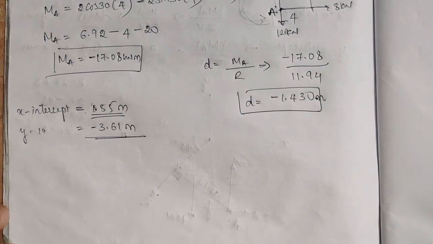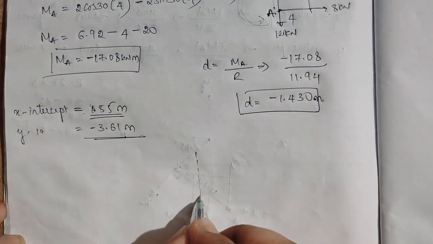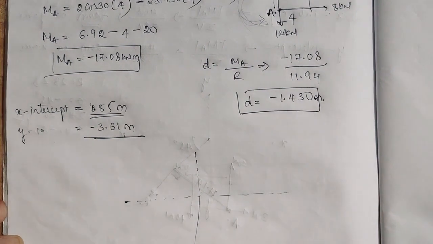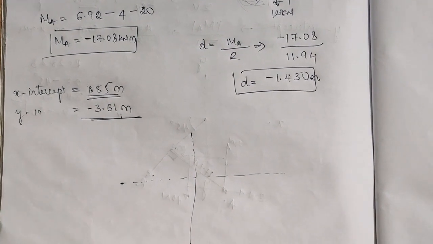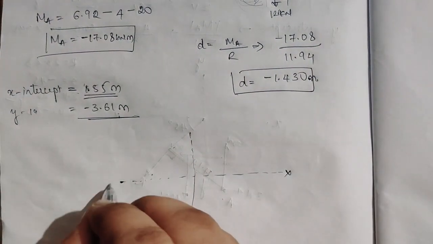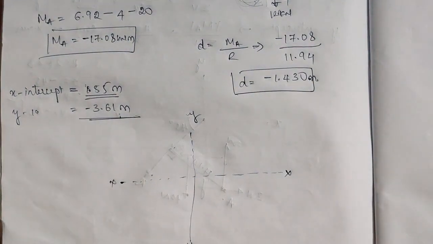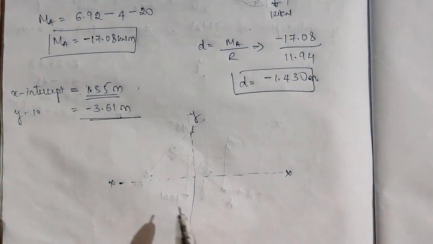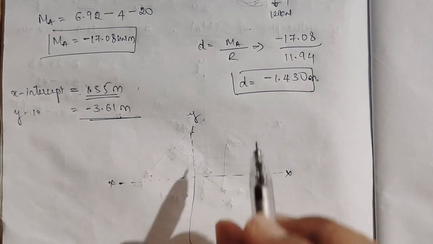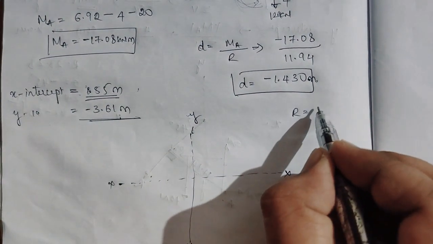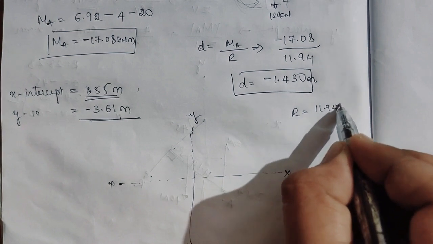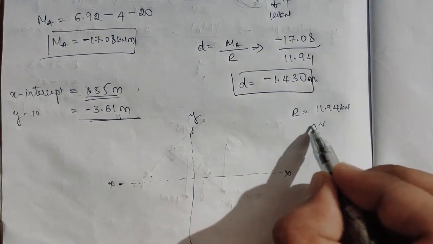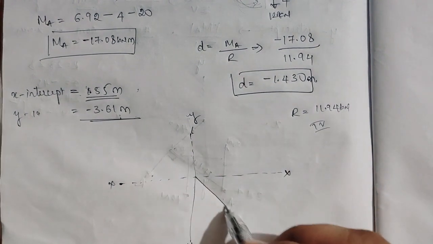Now see here, I will write wherever the force will come in this x direction. In the last problem you learned how to solve it, and now you know the concept here. So x axis, y axis, right? The x intercept is 1.55. First we'll denote the R value. R is 11.94 kilonewton, and that will come in the fourth quadrant.